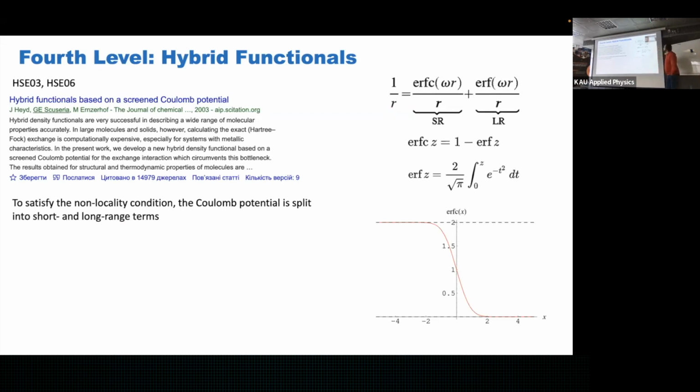So they tell us that this is the short range term, and opposite to it we have the long range term. And these functions satisfy some error functions. They satisfy this condition of non-locality. So we can do this thing. This is PBE.